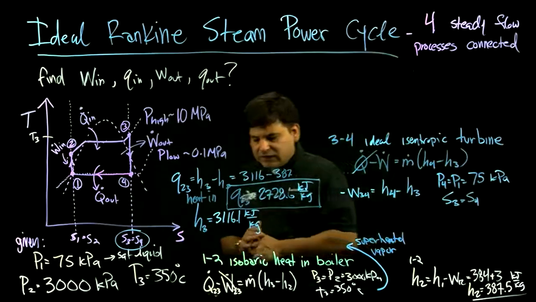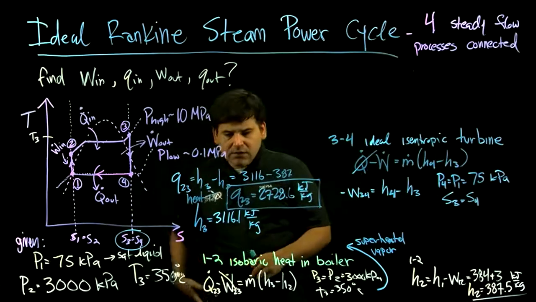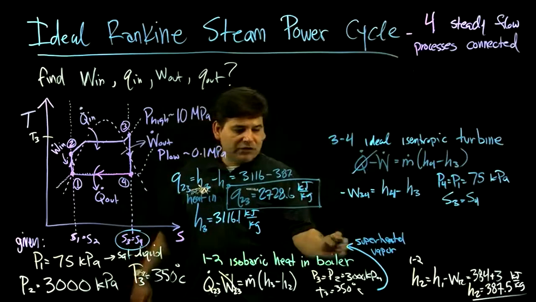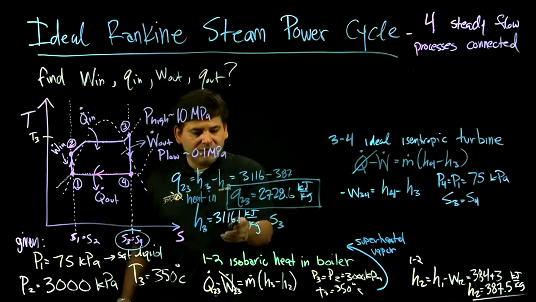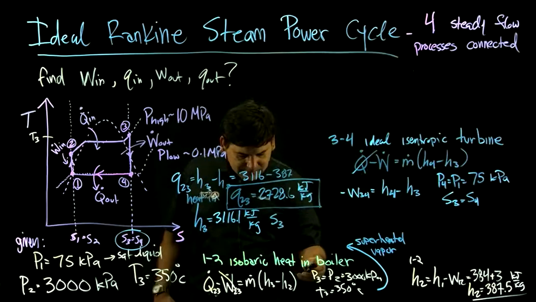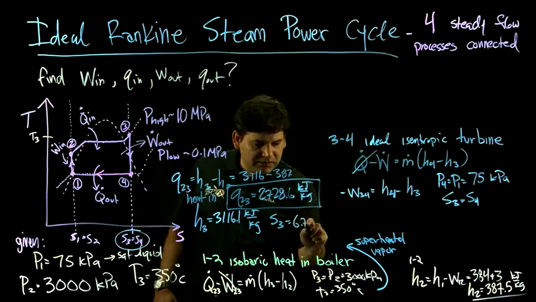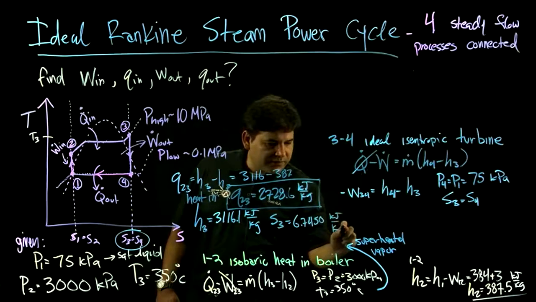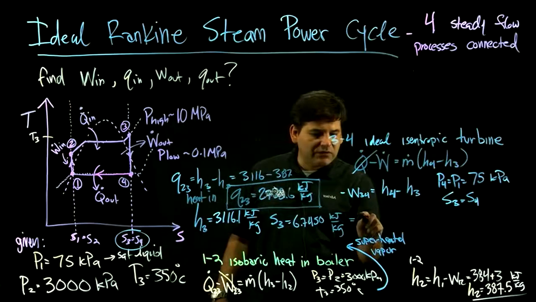It's S3, so let's find S3. From the superheated vapor steam tables for state 3, S3 is 6.7450 kilojoules per kilogram Kelvin. From this isentropic case, this also equals state 4.